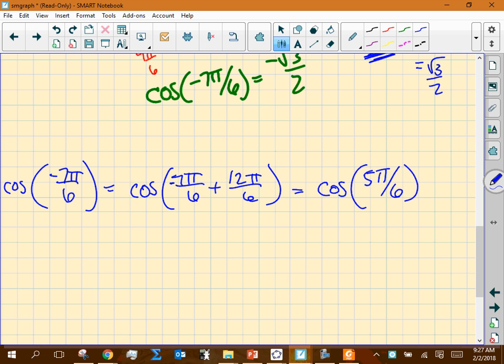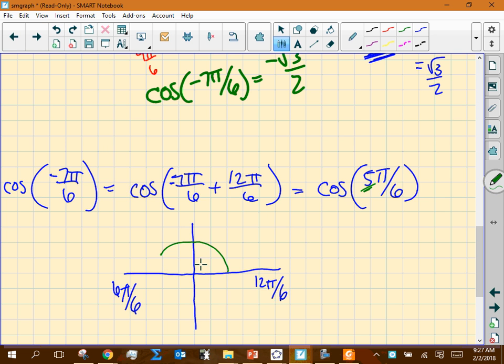Does that make sense? Okay? So now drawing my picture, if this is 12 pi over 6 and this is 6 pi over 6, I don't quite get to 6 pi over 6, right? I got to stop short. I got to stop at 5 pi over 6.